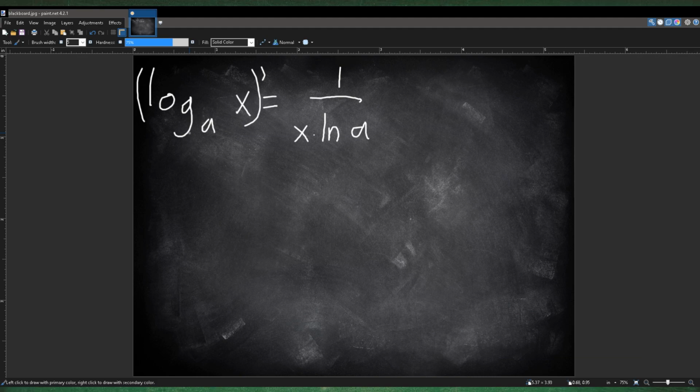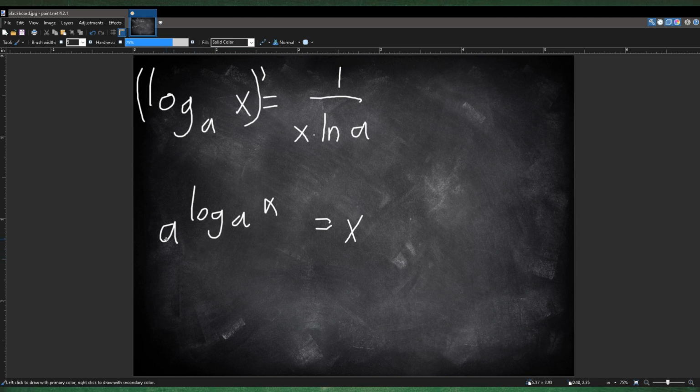So how we do this is, let's say we have a to the log base a of x, right? Because if it's a and it's log base a, this would just equal x. Because if you do some kind of operation to x and then you do the inverse operation, we just get back the original number, which is just x. And that's how inverses work all the time. So basically, we could just take the derivative and follow the rules.